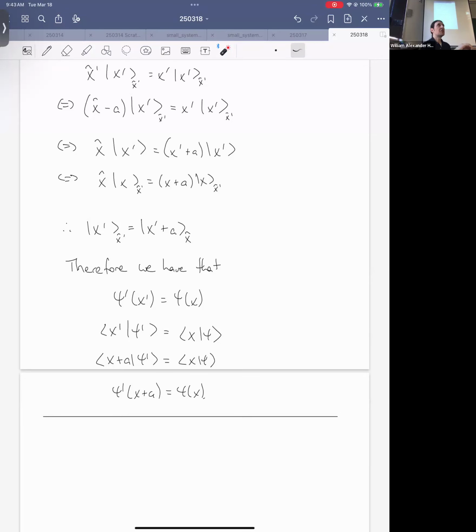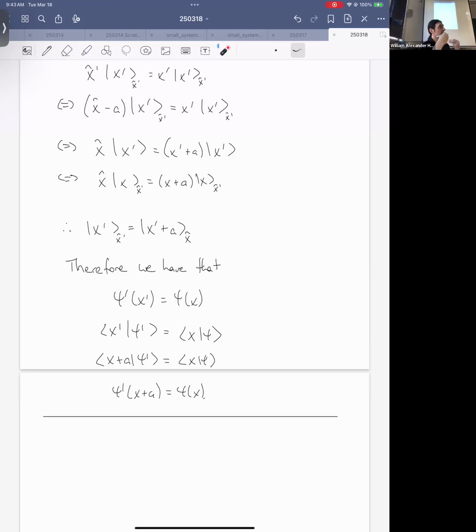However, in complete analogy with active and passive transformations, instead of performing the transformation on the states, we could perform the transformation on the operators via similarity transform. And because our coordinates are the basis vectors, and the basis vectors are the eigenkets of operators, by performing a transformation on the operator, we're performing a transformation on the eigenkets. And we're therefore performing a transformation on the basis states, and that's what a passive transformation is.